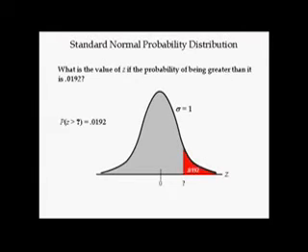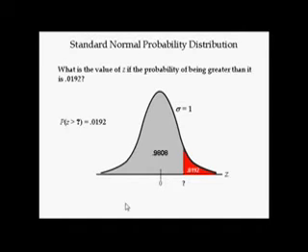Because we want to find the z-value associated with an upper tail probability of 0.0192, we shade the upper part of the distribution red and label this area 0.0192. Because the standard normal table gives us lower tail probabilities, we use the complement rule before we proceed. 1 minus 0.0192 equals 0.9808.